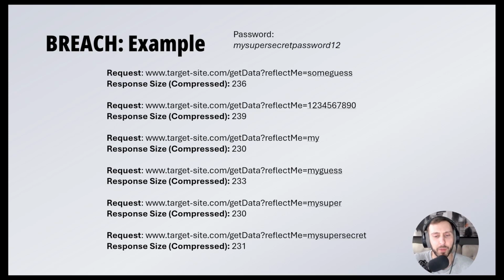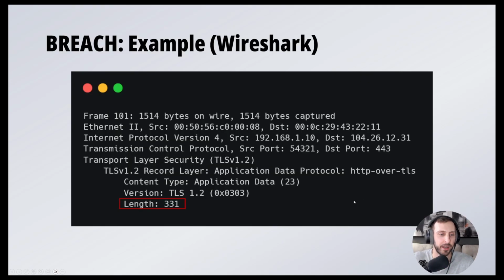But I think a more practical target, assuming that you're actually in a situation to be able to conduct a breach attack, is going to be some other secret that is much easier to guess. And probably if you're inspecting traffic, you're looking at Wireshark, so you're ultimately looking at the size of the encrypted data.